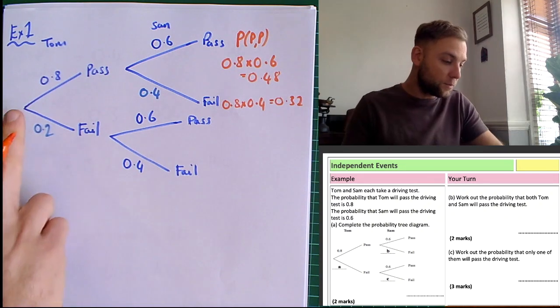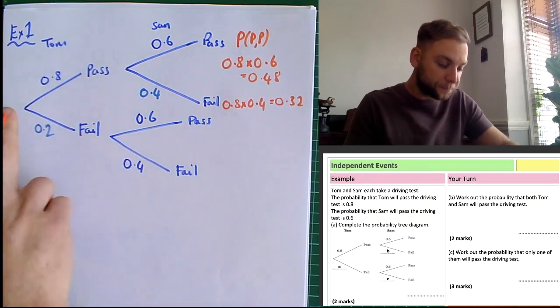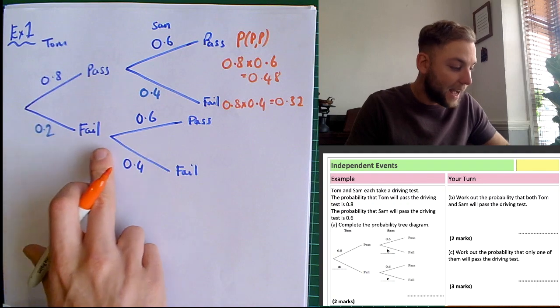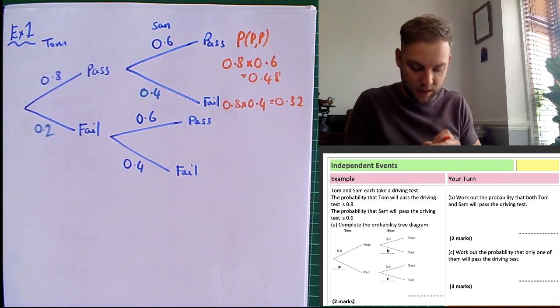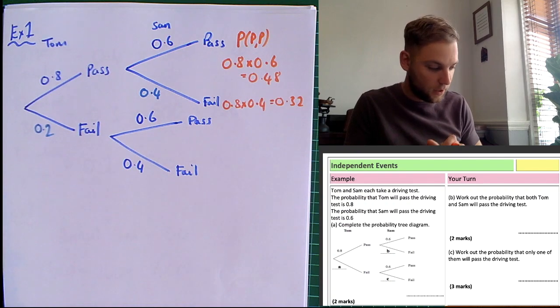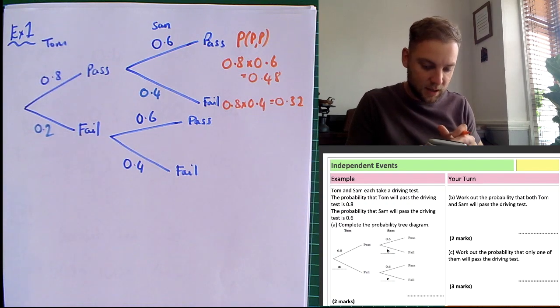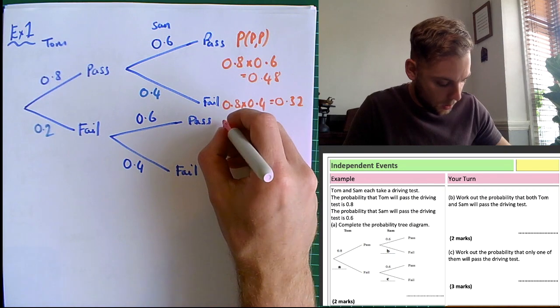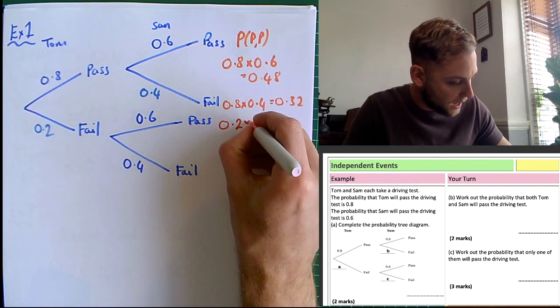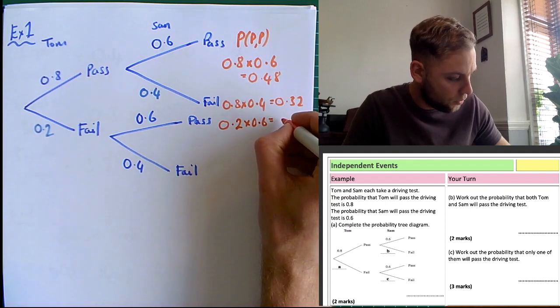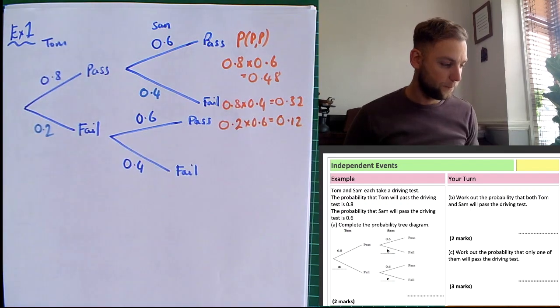Okay, so then what's the probability he fails then passes? So the probability that Tom fails and Sam passes, again, these are both independent events, so we multiply. So it's 0.2 times 0.6, which is equal to 0.12. Brilliant.